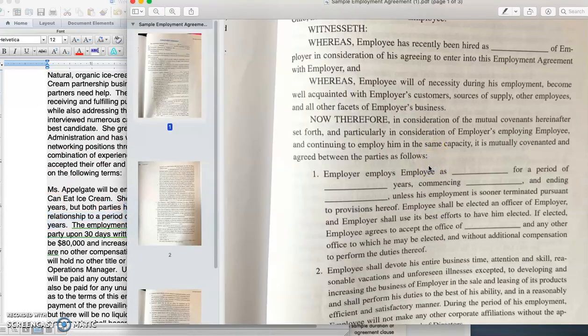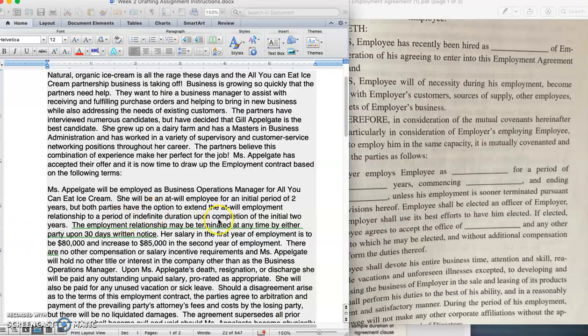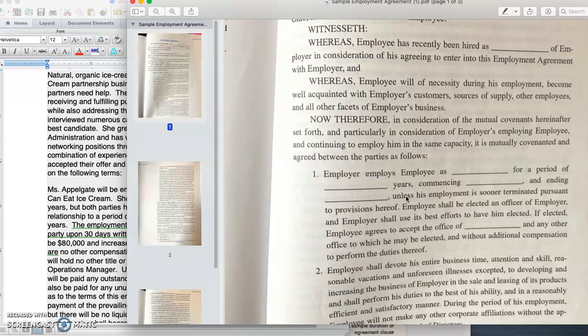So you, in drafting that contract, need to add those in, and you would add those in right after the provisions hereof, right? You're going to delete the stuff that doesn't matter or not include it in your Word document of what you're drafting, and instead include the relevant facts that I gave you that would be relevant to the length of the employment, right? So that would be your first paragraph.